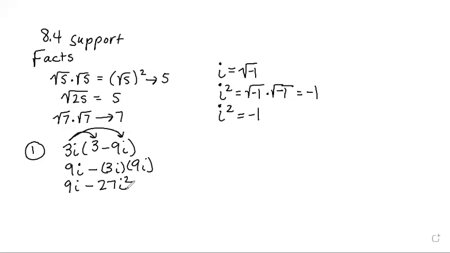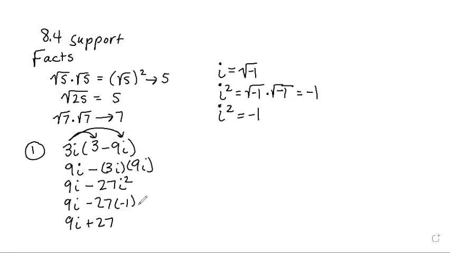Okay, here's the part that's going to be a little bit tricky, because i squared is what? -1. You got to remember that. So this is really 9i minus 27 times -1, because i squared is equal to -1. So 9i plus 27. -27 times -1 is going to be, I can't raise that any higher, I'm sorry. That's going to be your answer to that.